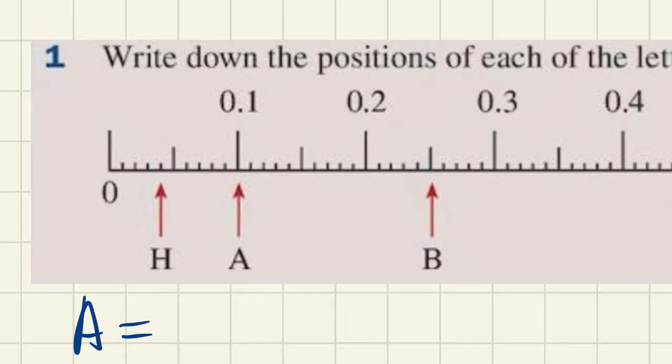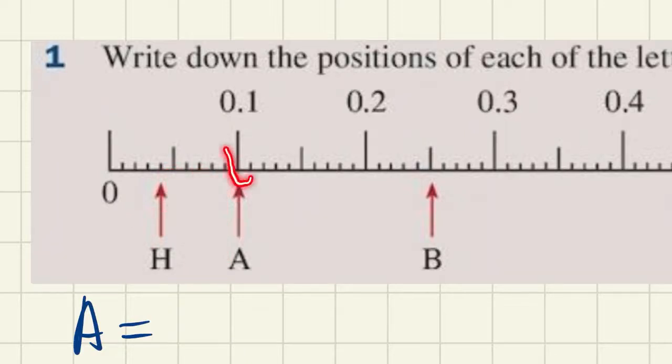We can start by saying that this is 0.01, this is 0.02, 0.03, and finally we get to H, but wait, this is not what we need right now, 0.04, 0.05, 0.07, 0.09, and A is really easy.